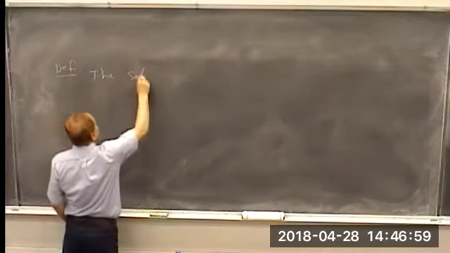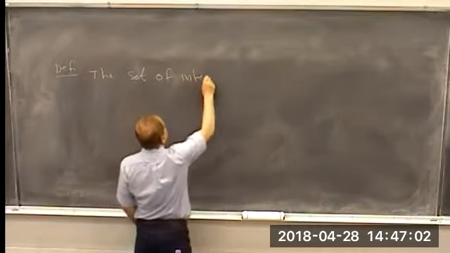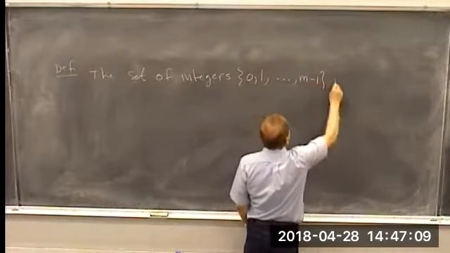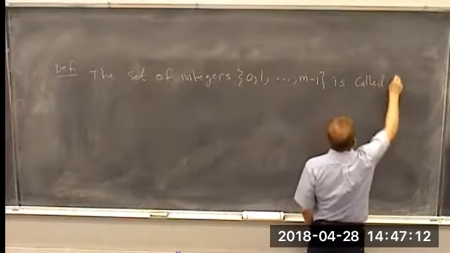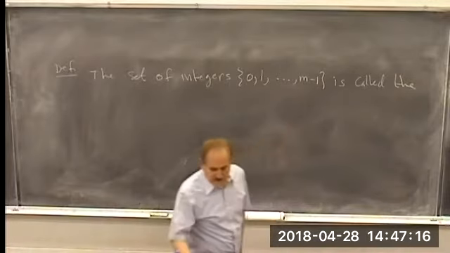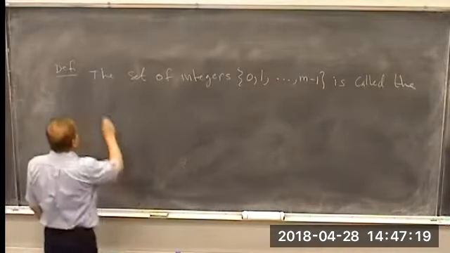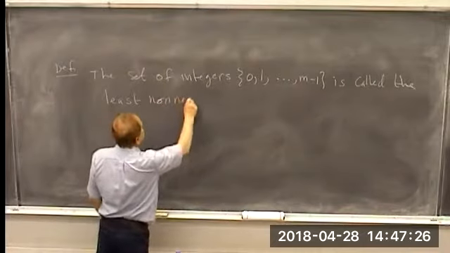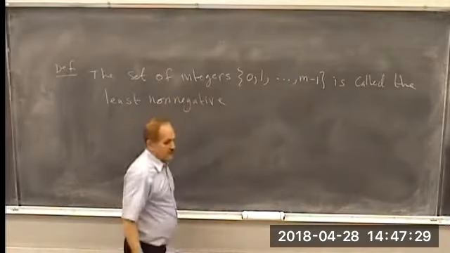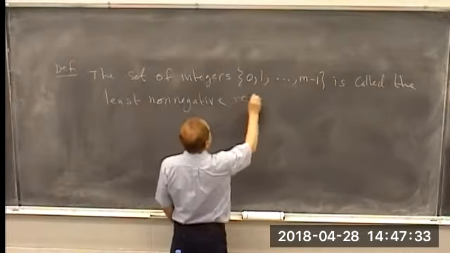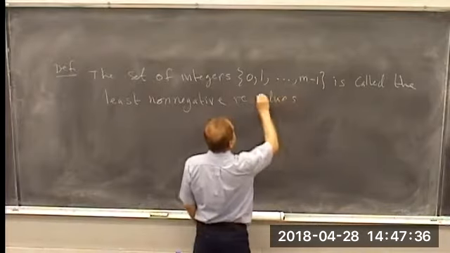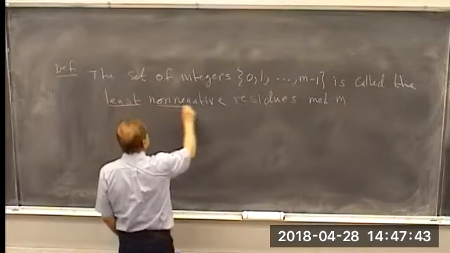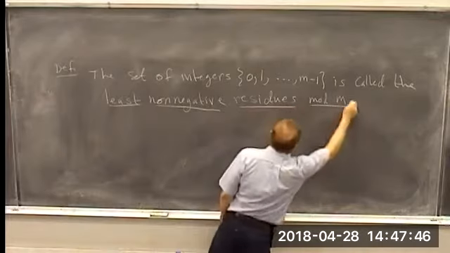The set of integers 0, 1, up to m minus 1 is called the least non-negative residues mod m.